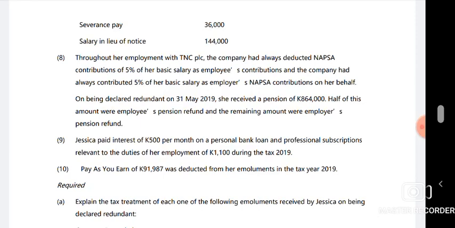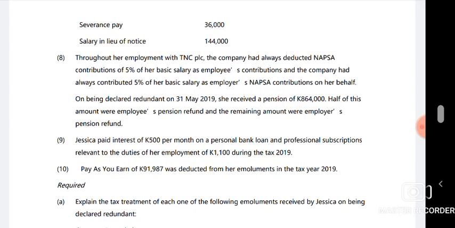Well, back in the days, NAPSA contributions were among the things that we subtracted when computing allowable taxable incomes. But now, according to the new revised rules in taxation, it's no longer allowed, so we will not handle this.